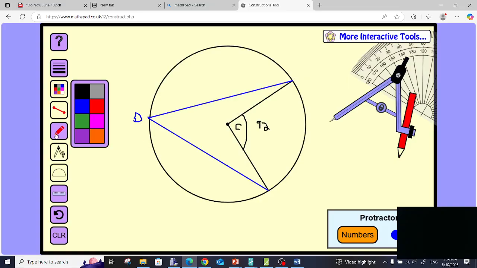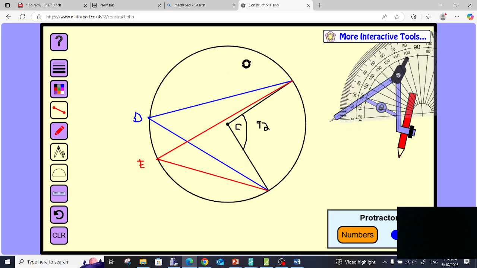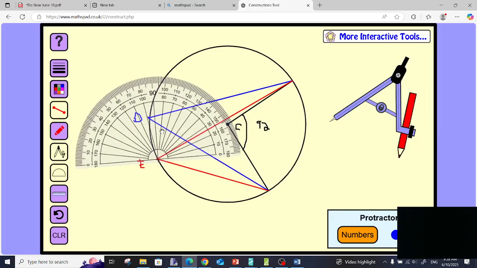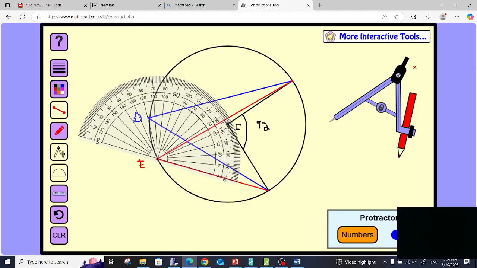So over here, I'm gonna do it again. I'm going to draw a point on the circle, and I'm gonna call mine E. And I'm going to draw those chords again. And now I'm going to measure this angle. And what do you notice when you measure that angle? But you're going to do it again.